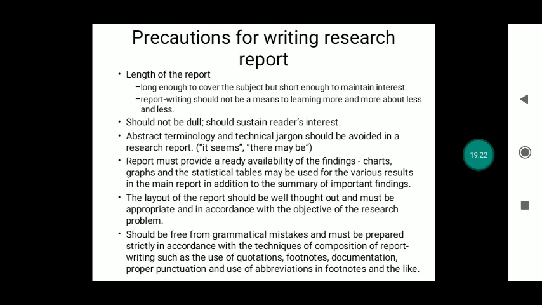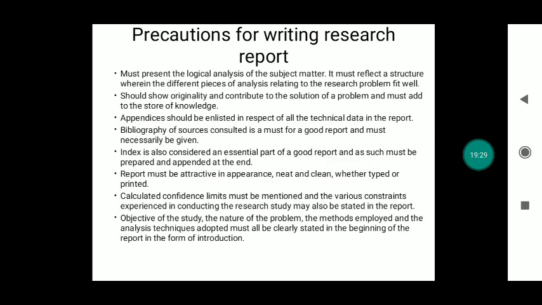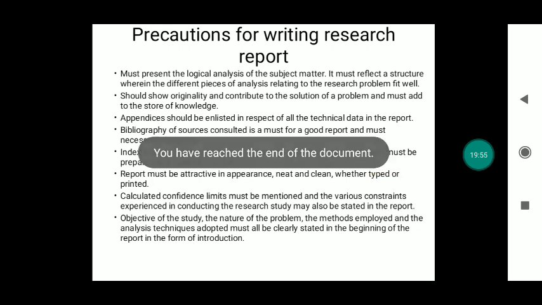First you should prepare the layout, and then you should take care of grammatical mistakes, and you must present the logical analysis of the subject matter, and you should highlight the originality and contribution, and you should mention the objective of that study, the nature of the problem, methods employed, and analysis techniques adopted clearly in your report.